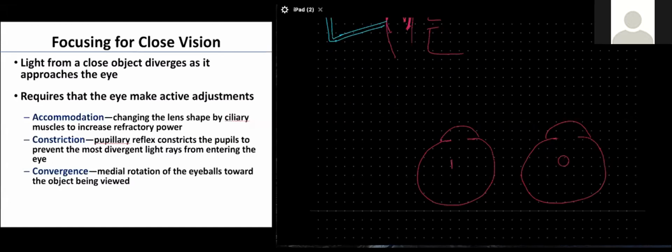So how many pictures am I detecting of any object that I look at? Two.